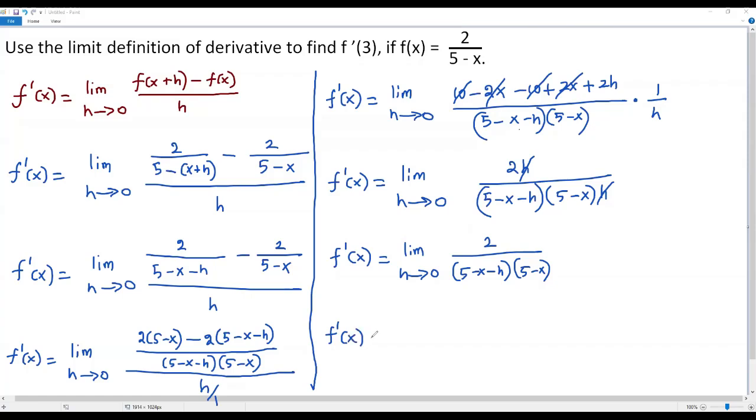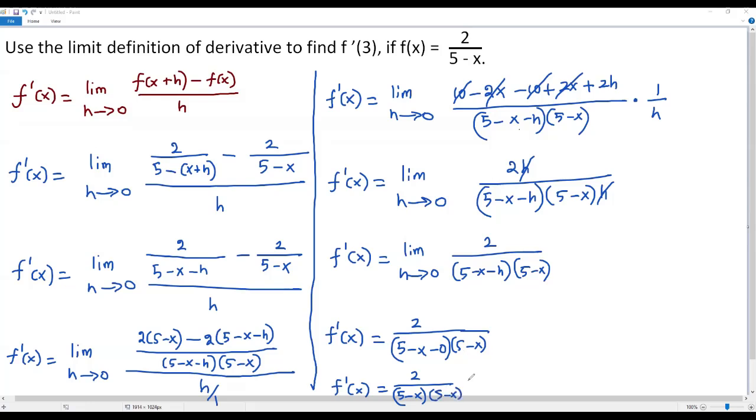When I plug in 0 for h into this function, I get 2 over (5 minus x minus 0) times (5 minus x). 5 minus x minus 0 becomes just 5 minus x, and here we have 5 minus x.